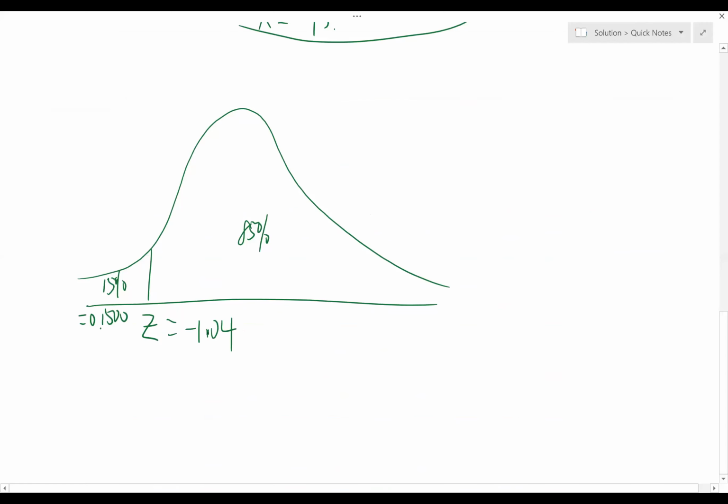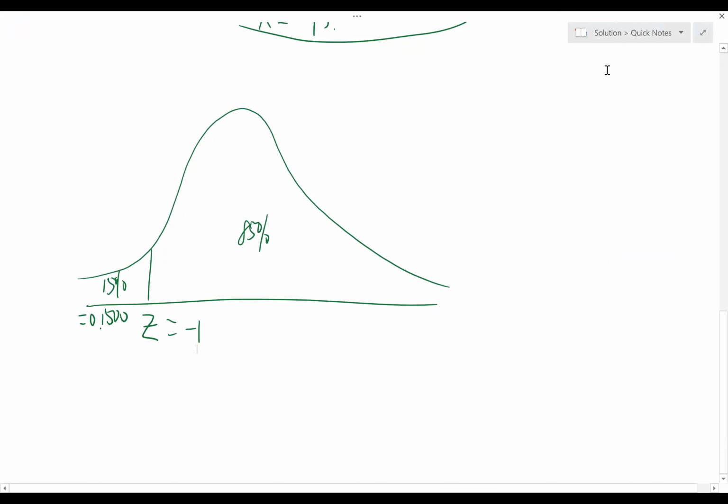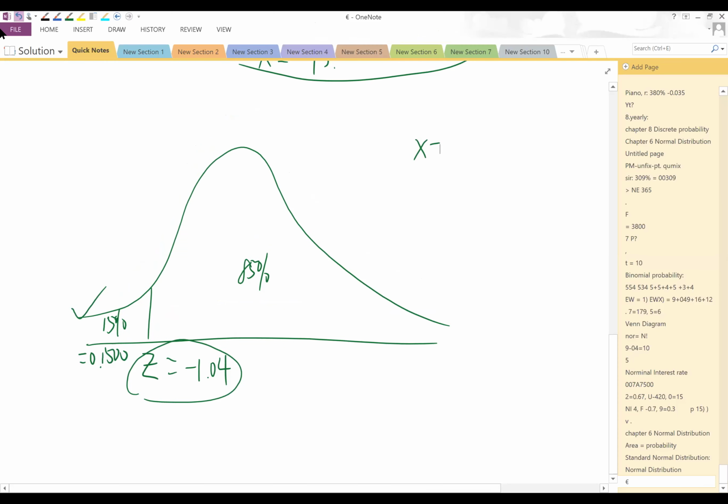That's the Z-score we use to separate the bottom 15% from the top 85%, negative 1.04. Now, once we know the Z-score based on this area to the left, we use the Z-score formula and we're looking for X. We don't know that.